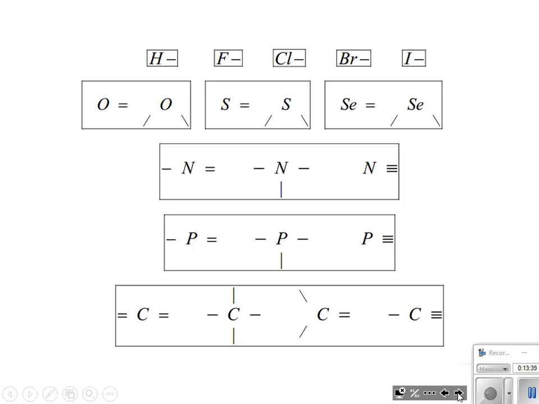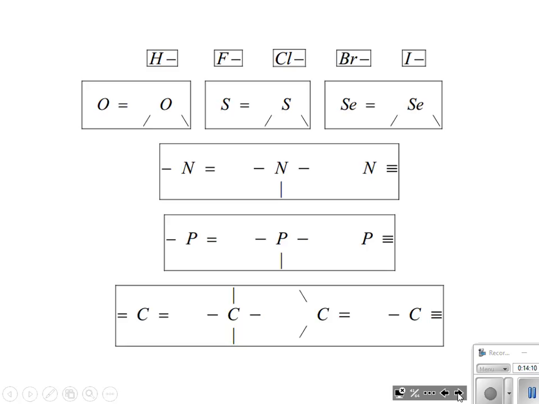Okay? So, remember when we drew this in our notes? This is going to be a tremendous help to you when you are drawing these Lewis dot structures, because this shows you how the majority of the nonmetals want to bond and the possibilities of their bonding.